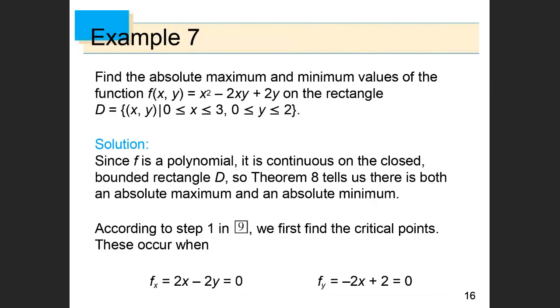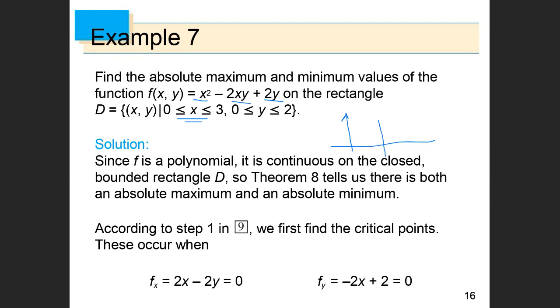Okay? So for example, here in this example 7, I have f(x,y) equals x squared minus 2xy plus 2y on the rectangle, which is defined by, see, I have a convex set here. That's why I was talking about convex sets.